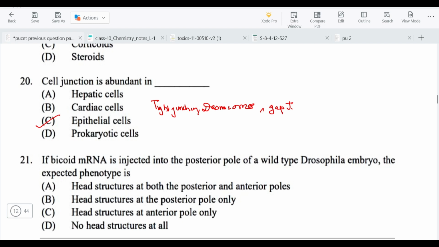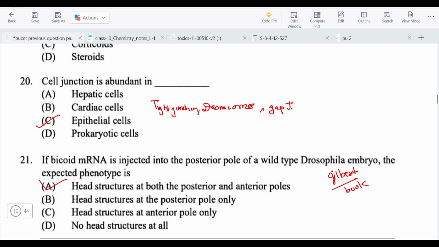Next question, if bicoid mRNA is injected into the posterior pole of a wild type Drosophila embryo, the expected phenotype is, the answer is head structures at both posterior and anterior poles. Go through Gilbert's Developmental Biology. There you will find a well explained experiment of this Drosophila embryo.